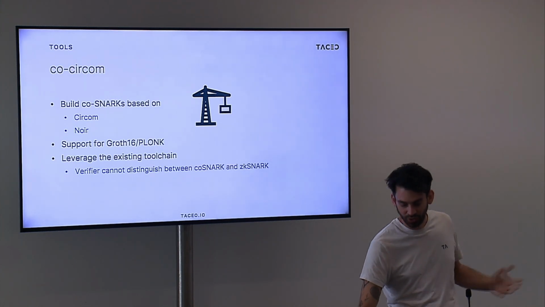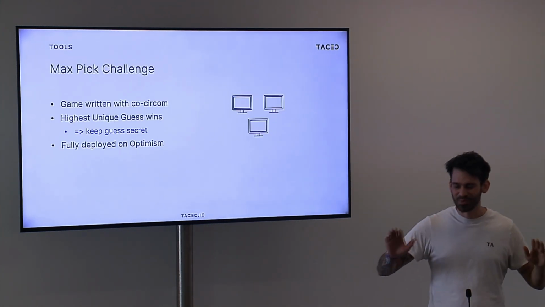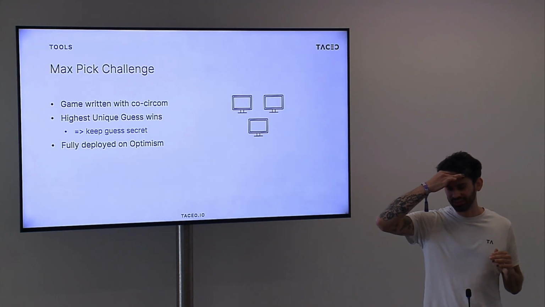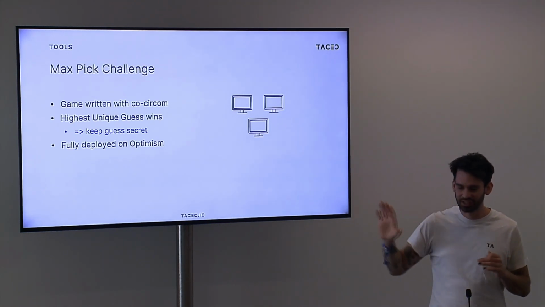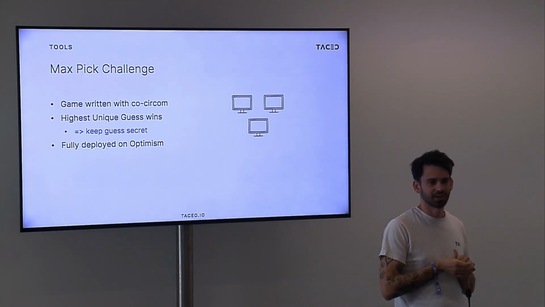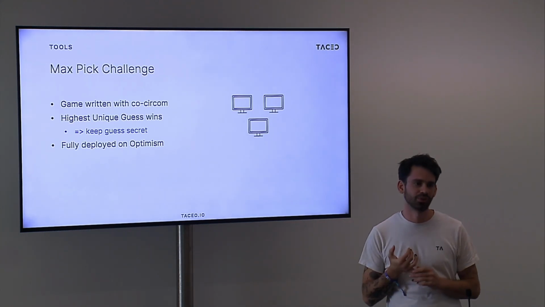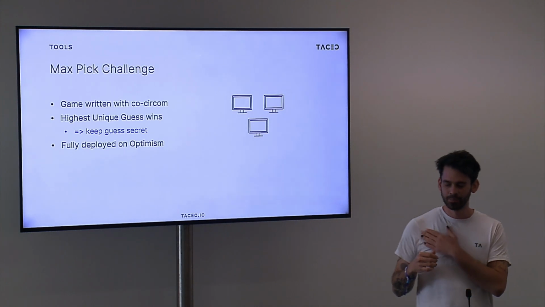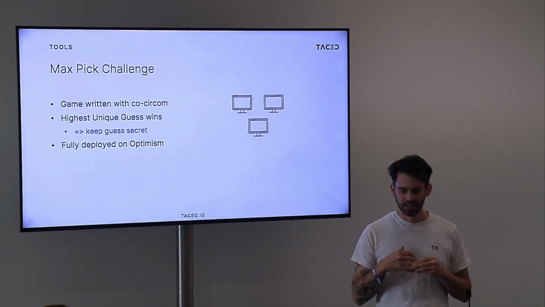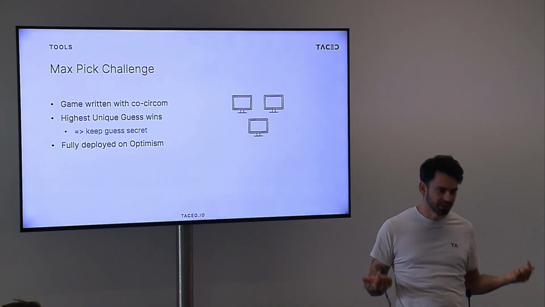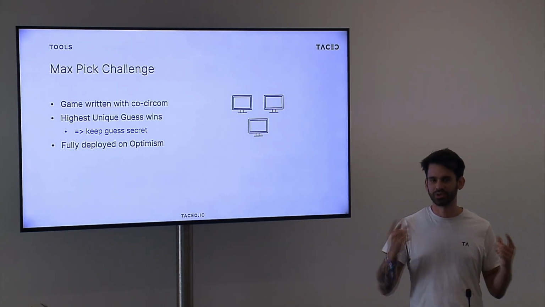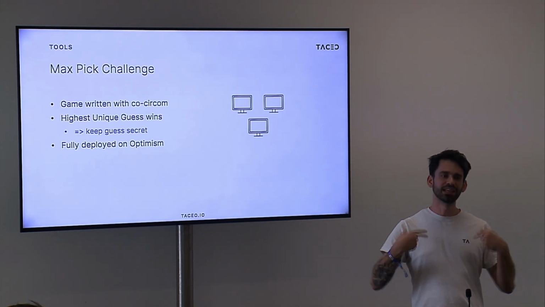And it's also already usable. We showed this at ETHCC, I think. We had this demonstration project called the Max Pick Challenge, where we wanted to show that we can actually build tools now with Co-Circom. The idea was a game where everyone who wants to participate has to guess a number between 1 and 1,000, and the highest unique guess wins.